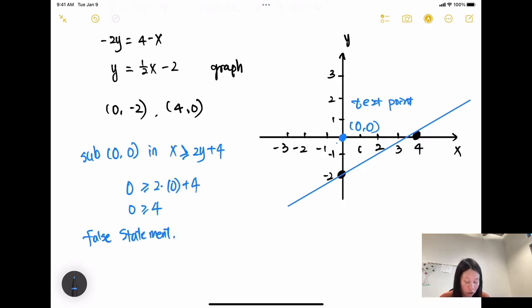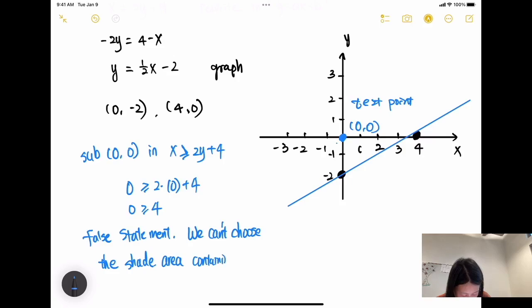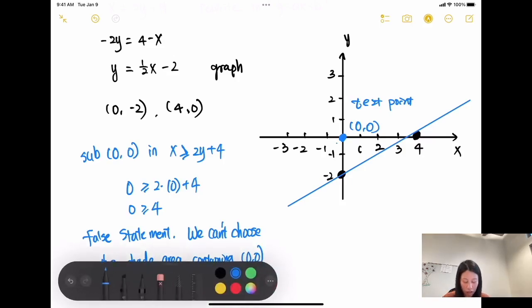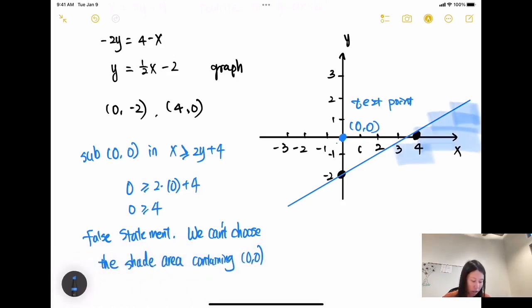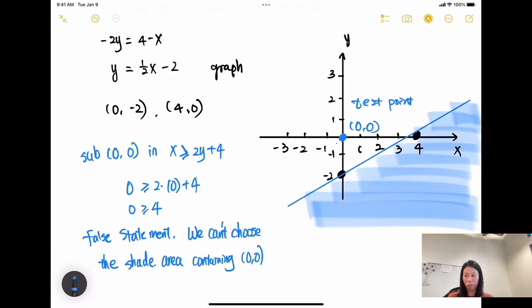So if this is a false statement, that means we cannot choose the shaded area containing our test point 0, 0. So that means our solution is going to be the other side, the lower right. So this is our solution.